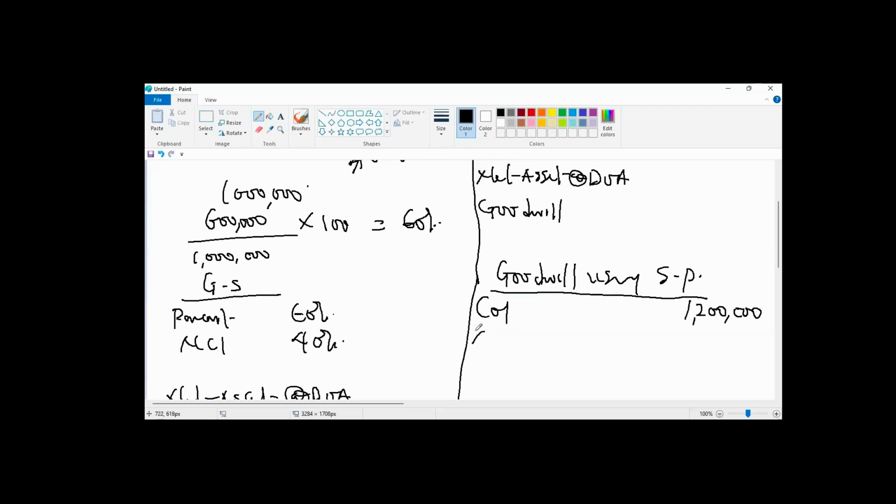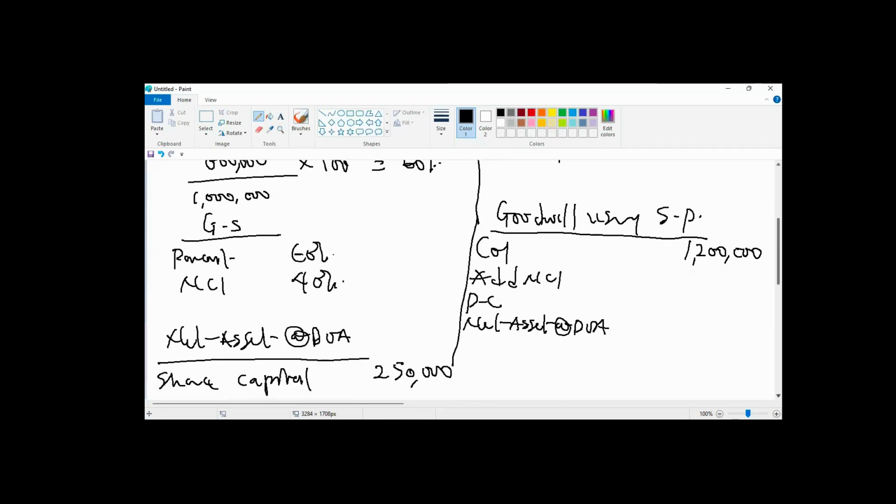Add NCI, purchase consideration, less the net assets at the date of acquisition, then the goodwill. This is what the question says.